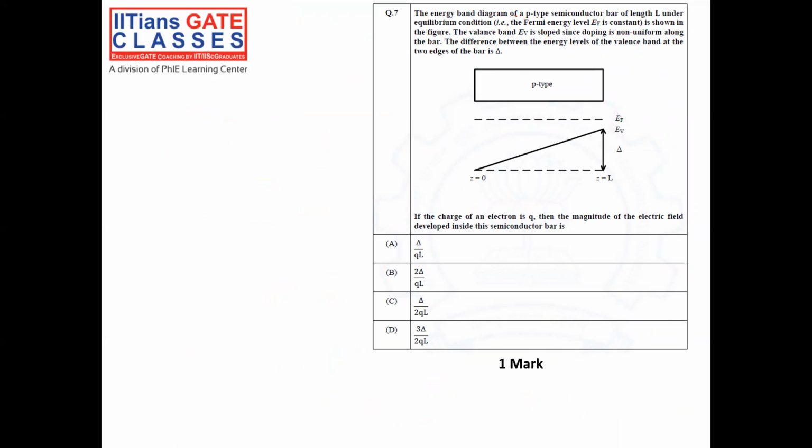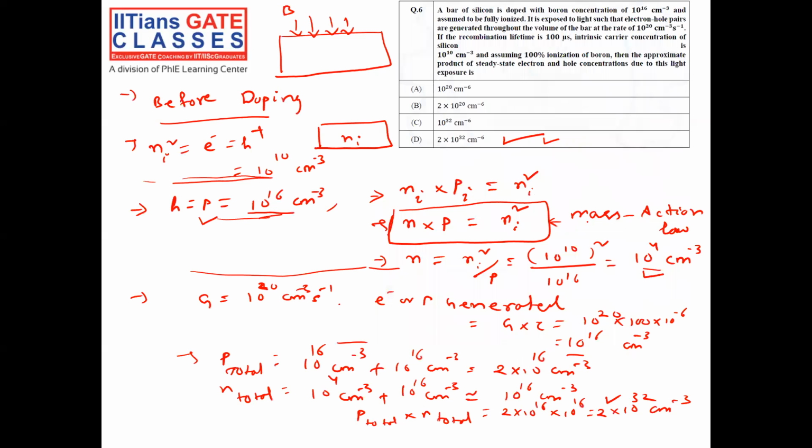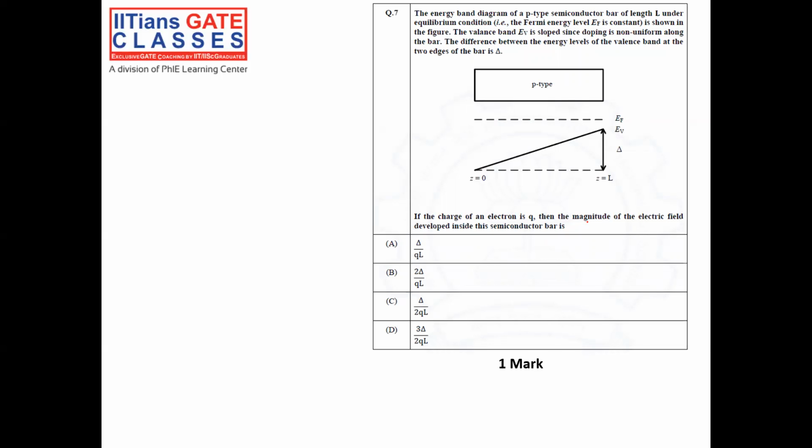When an intrinsic semiconductor is doped with acceptor impurity, like in the last question it is boron, we get a p-type semiconductor. And the valence band EV is sloped, since the doping is non-uniform along the bar.